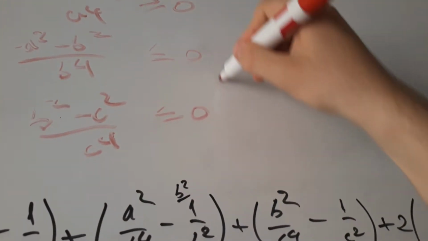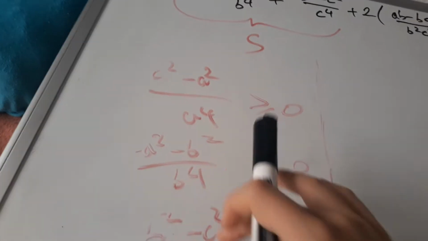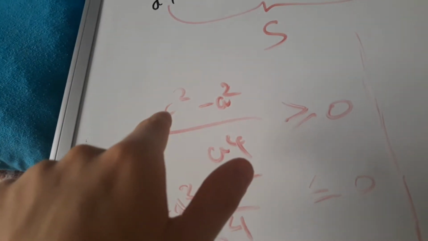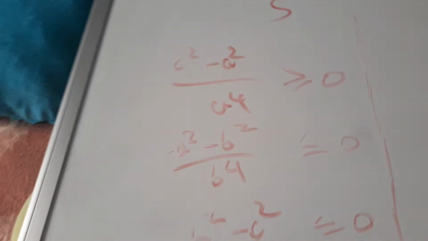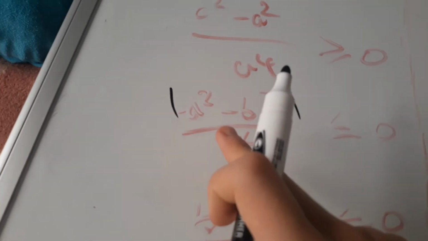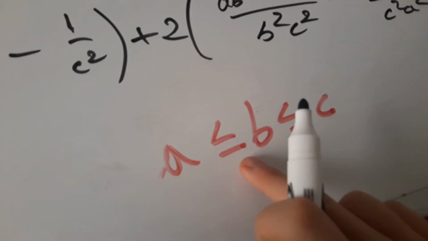Now we will draw a line to conclude something. Now let's compare these fractions. Look at the first. The numerator c squared minus a squared, in our case, will be greater than the absolute value of the numerator a squared minus b squared, which will be b squared minus a squared, because as we know, a is less than or equal to b is less than or equal to c.